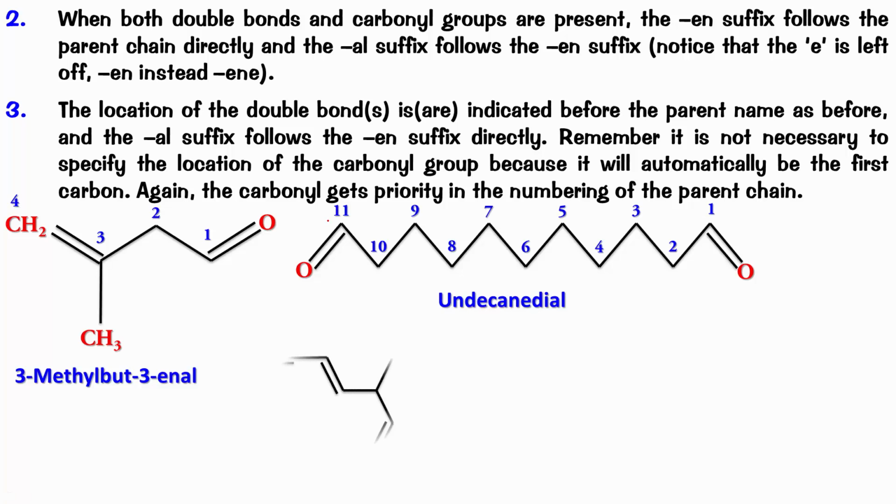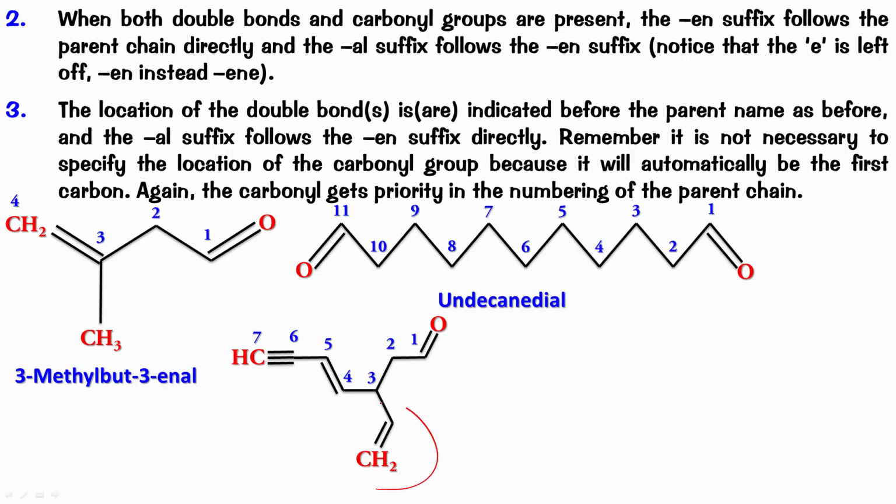Name this one. Remember, the parent chain must include the aldehyde. Pause, name and play. So this carbon is included and you must get the maximum number of multiple bonds. There's only one way of doing that, that is this. So this is the parent chain. So 1, 2, 3, 4, 5, 6, 7.